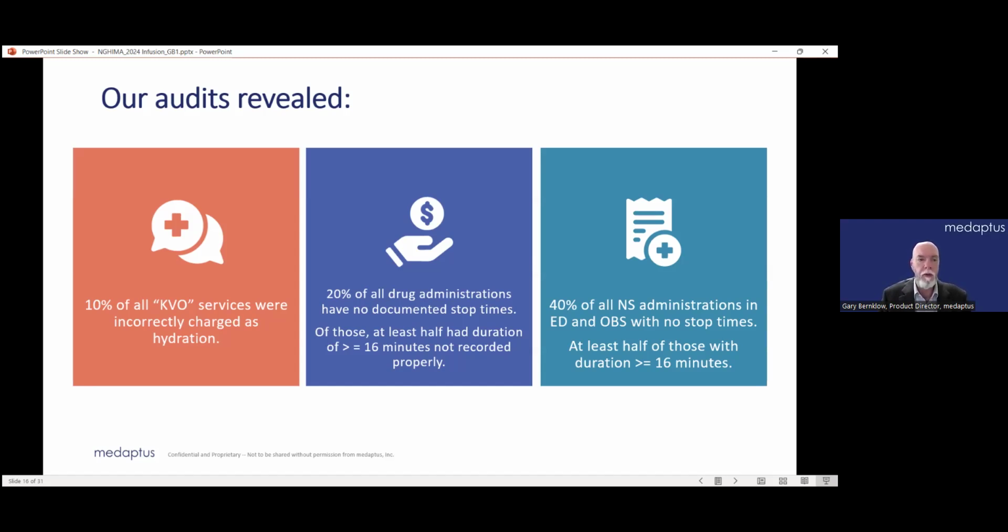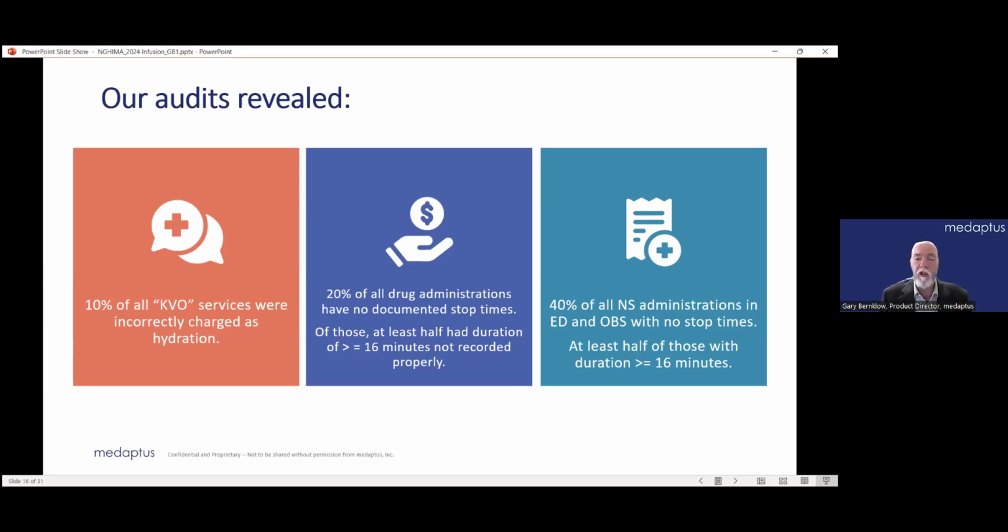There are other factors involved, such as rate of administration for the hydration drug. But in 10% of those KVO services, which shouldn't have been billed, they were billed as hydration. We also saw 20% of all drug administrations with no documented stop times. Now, that can be correct in a lot of cases if a drug is given.